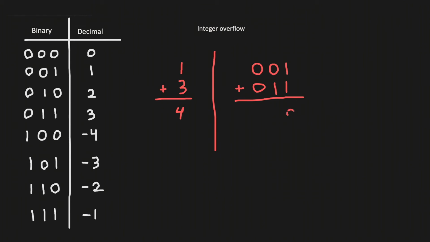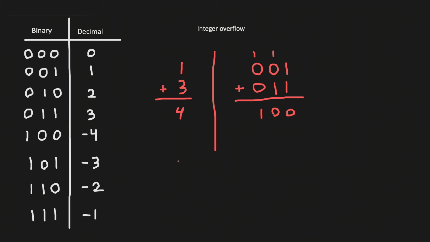Well, it'll be equal to 1, 0, 0, 0. So it'll actually be equal to -4 for 2's complement. Essentially, we overflowed past the maximum positive number into the minimum negative number.